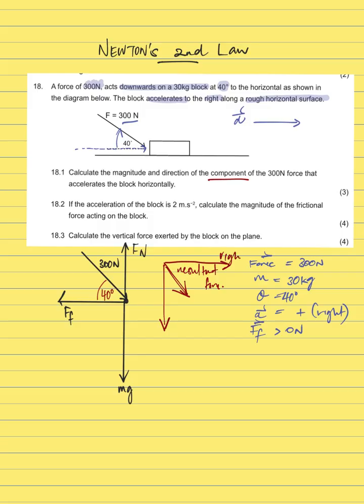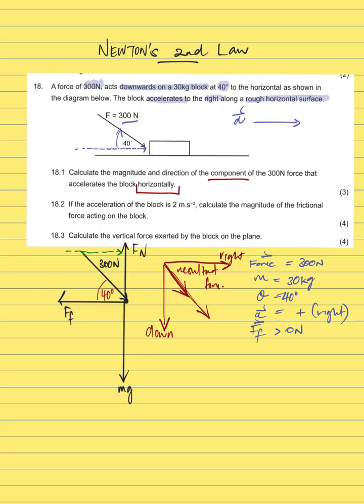So it's got right here, and I got down here, which makes this little thing my resultant force. Now what they're asking us for, they want to know what accelerates the block horizontally. So I'm just going to go into this diagram and edit it. So basically I've got that sort of setup.